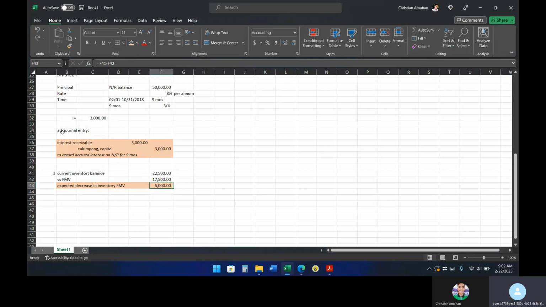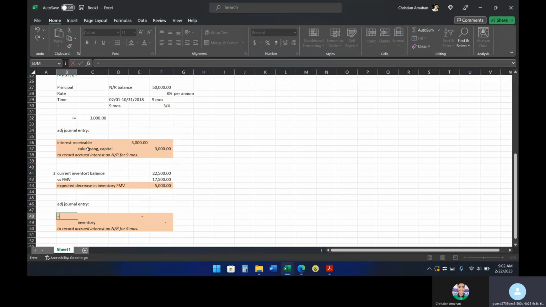So our adjusting journal entry is of course a credit to inventory. And of course we debit the capital account of Kalumpang. The amount is 5,000 pesos. To record adjustment in inventory fair market value.